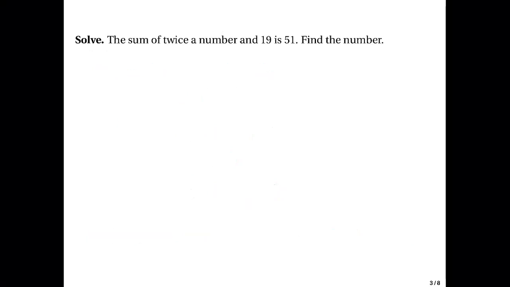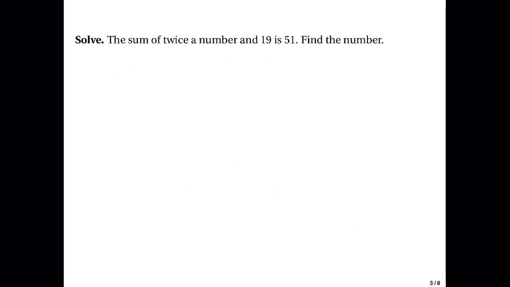Let's look at the second problem here. The sum of twice a number and 19 is 51. Find the number. We need to find this number here.